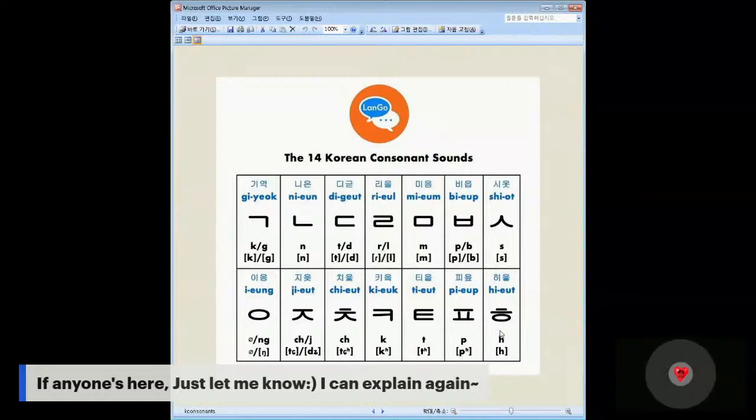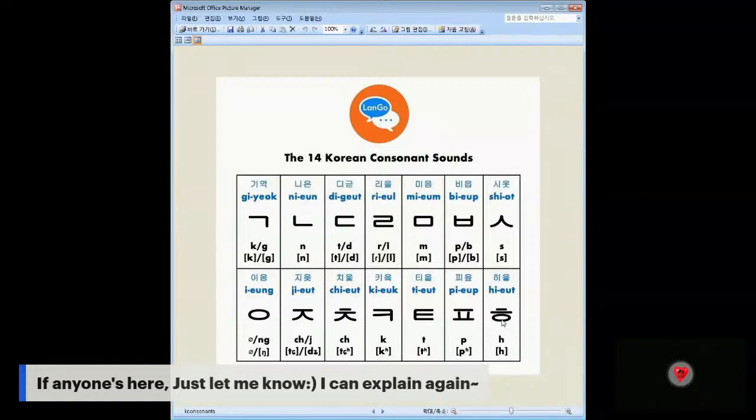And the last one is 히읗. It's like H. But it is also very soft, because with the English H, when you pronounce it, I can feel the air coming out from deep in your throat. Hi. But in Korean, it's more in the front part of your mouth.